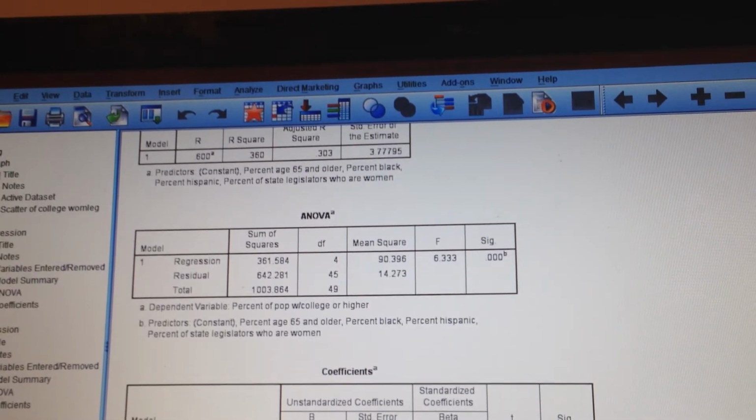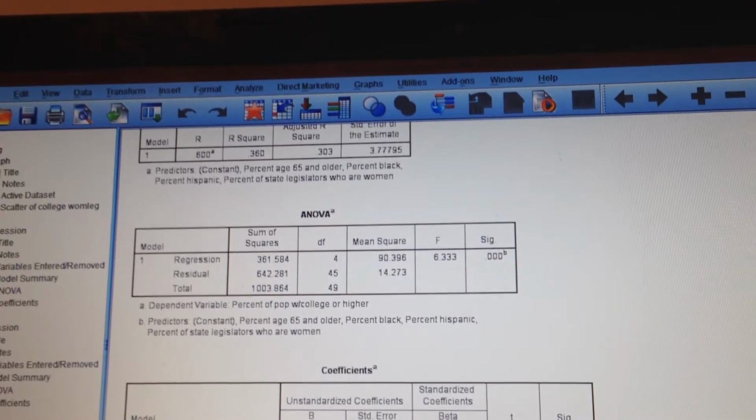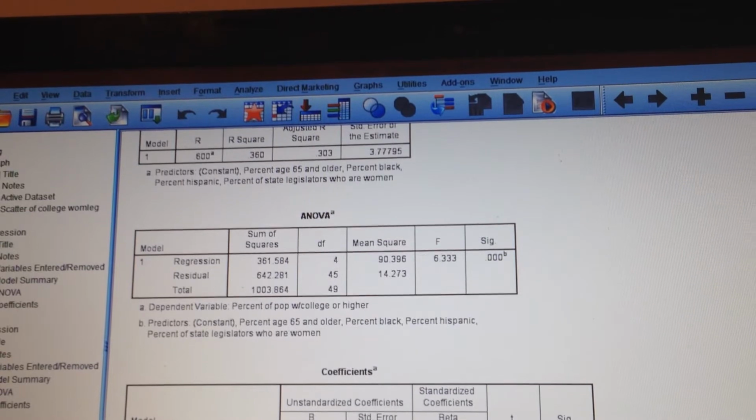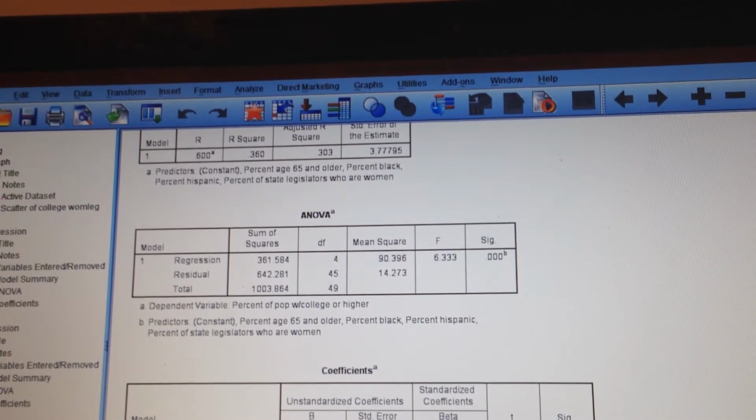All right, let me go over really quickly the advantages and disadvantages of regression analysis. The number one advantage is that the math that the computer's doing for us is moving us towards causality. When we control for other factors, we move towards the elimination of spurious relationships.